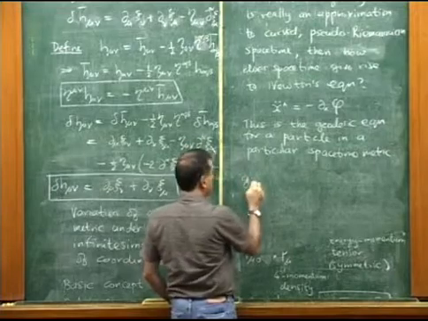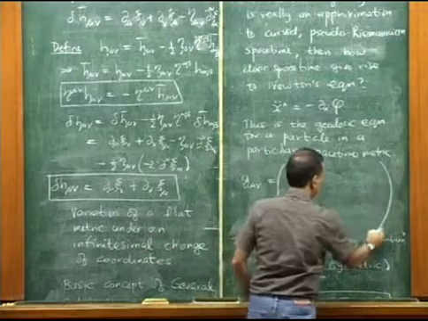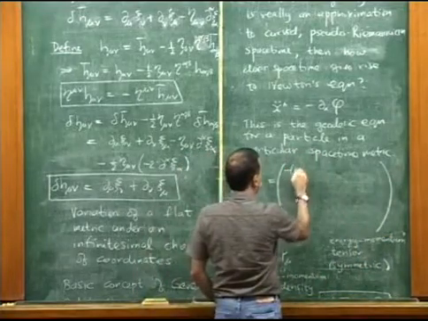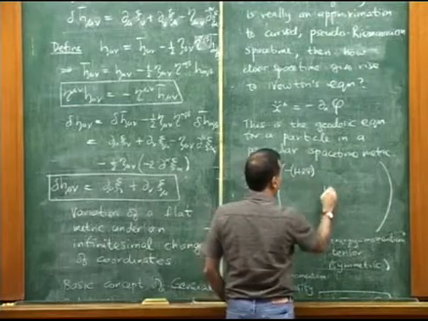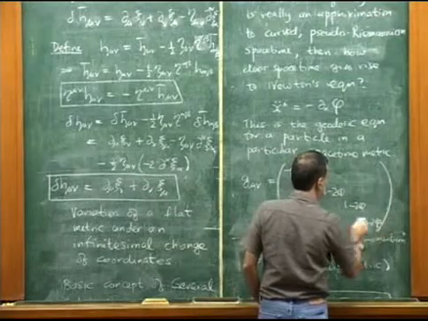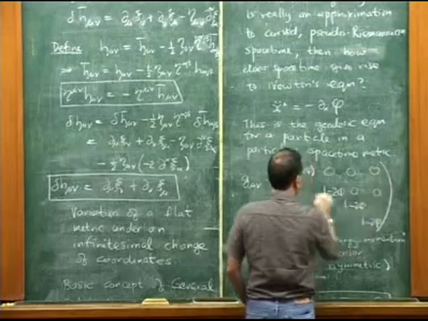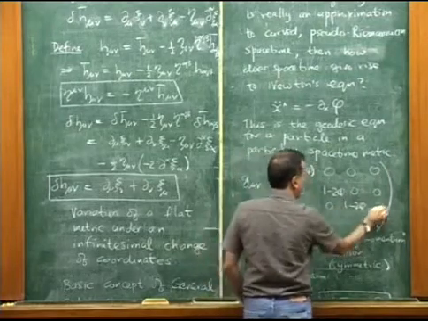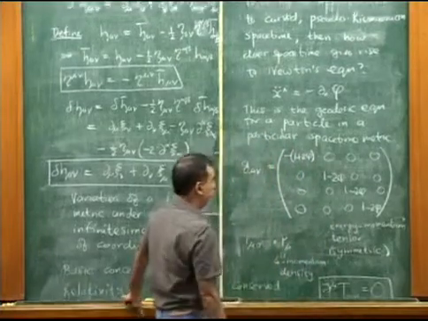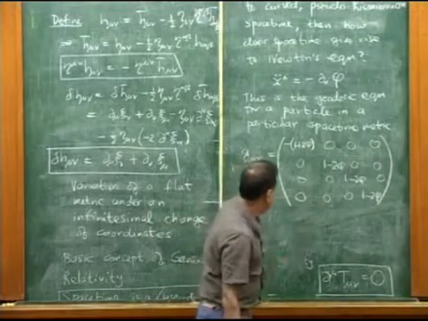After all, the metric is a 4x4 matrix, so I can write down the matrix for you. I'm going to write down the diagonal matrix minus of 1 plus 2 phi, 1 minus 2 phi, 1 minus 2 phi, 1 minus 2 phi, and all other entries are 0. And I'm going to allow phi to depend on space.